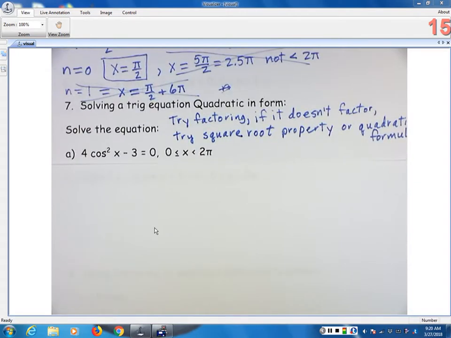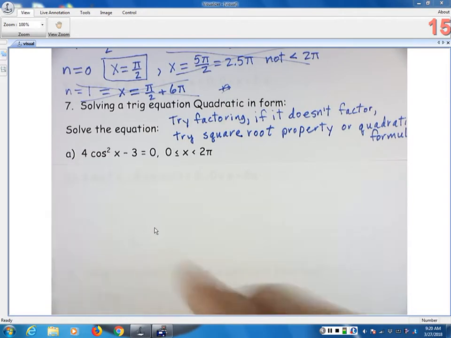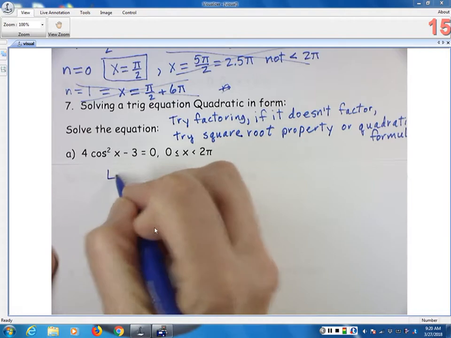So, we're going to solve part A, 4 cosine squared x minus 3 equals 0. You could make a substitution if it helped you, if you can't deal with the cosine squared. You don't have to do it this way.